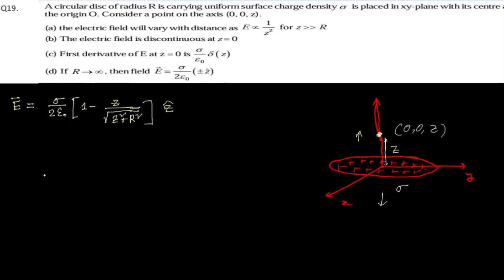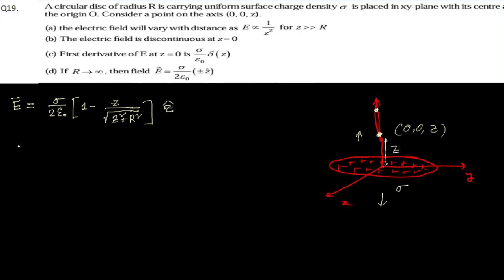Okay. Then what has been asked here, I think we have also discussed this limiting case. When z is much greater than r, that is, from a large distance, if we look at this circular disk, the whole disk will appear as a point, so the charge on this disk will also appear as a point. So this electric field which varies as 1 by z square is the electric field because of a point charge.